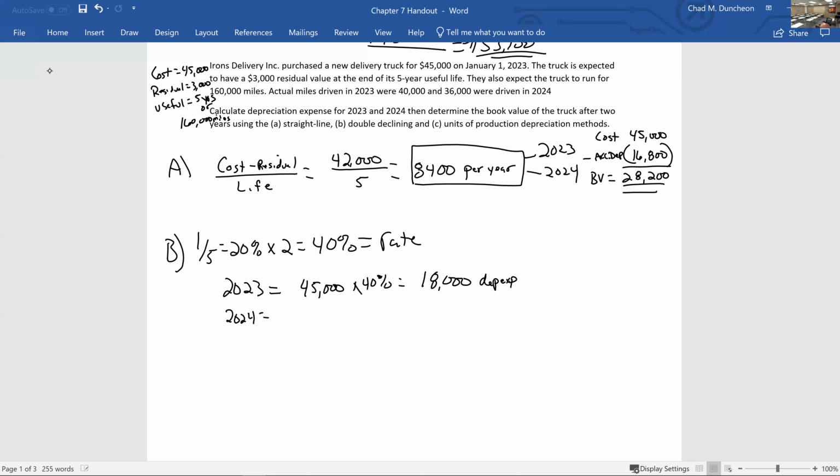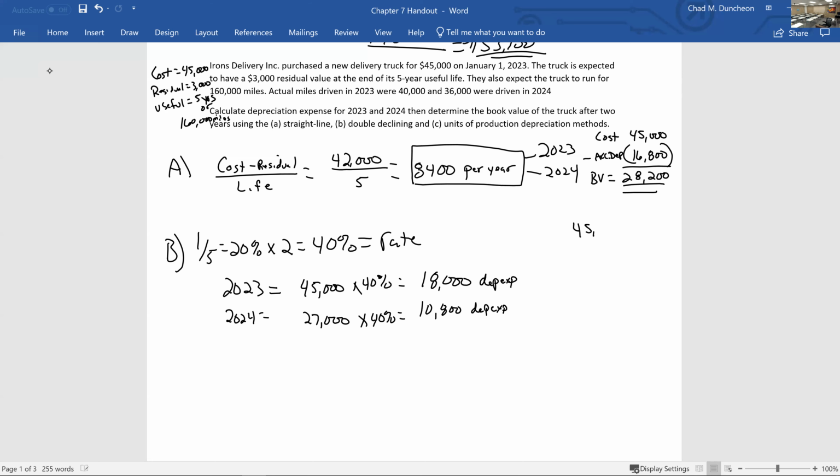In 2024, our new book value becomes $27,000. That is the $45,000 cost minus the accumulated depreciation of $18,000. We multiply that by the 40%, we get 10,800 depreciation expense for 2024.